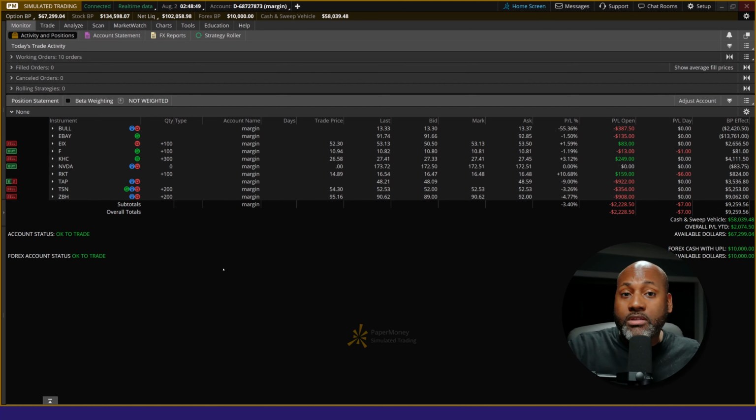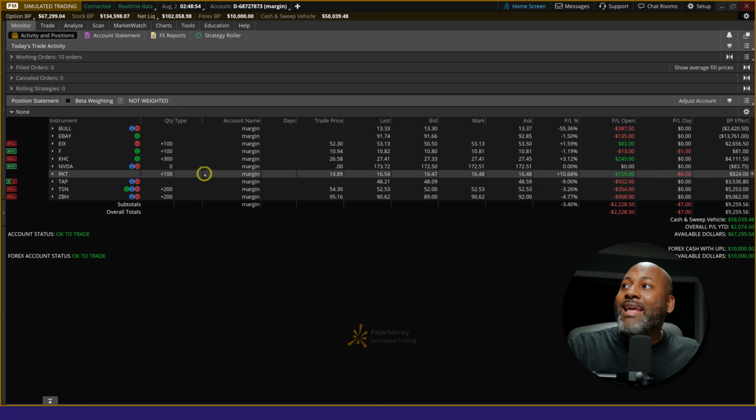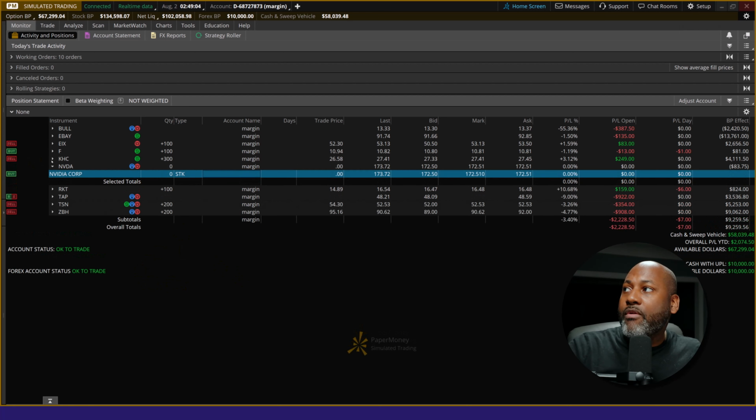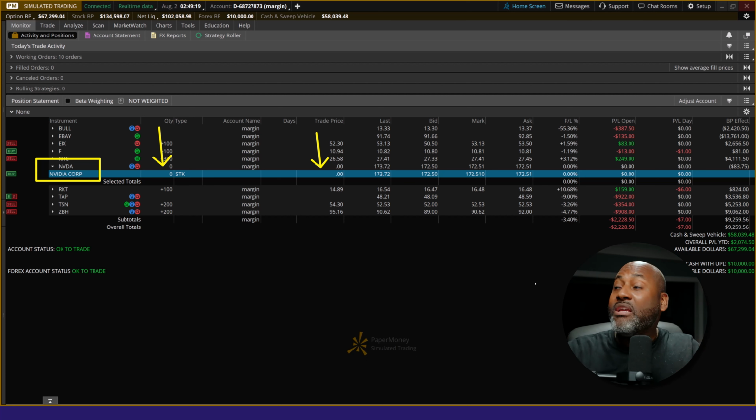It's also important to know that everything that shows up in your position statement is not an open position. If we look over here at NVIDIA, we can see that we have 0 in the quantity and 0 for the trade price. We don't have anything. Why is this important? Because you want to make sure you know that you have orders that could create a position.